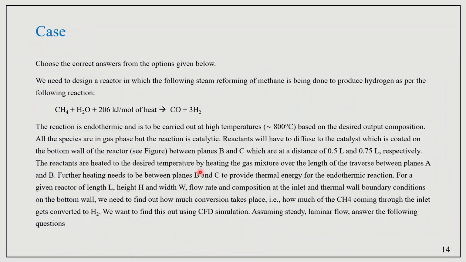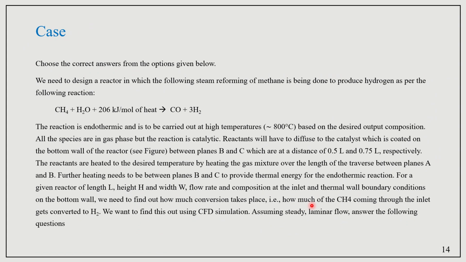Reactants are heated to the desired temperature by heating the gas mixture over the length of the traverse between the planes A and B. Further, heating needs to be done between planes B and C to provide thermal energy for the endothermic reaction. For a given reactor of length L, height H and width W, flow rate and composition at the inlet and thermal wall boundary conditions on the bottom wall, we need to find out how much conversion takes place.